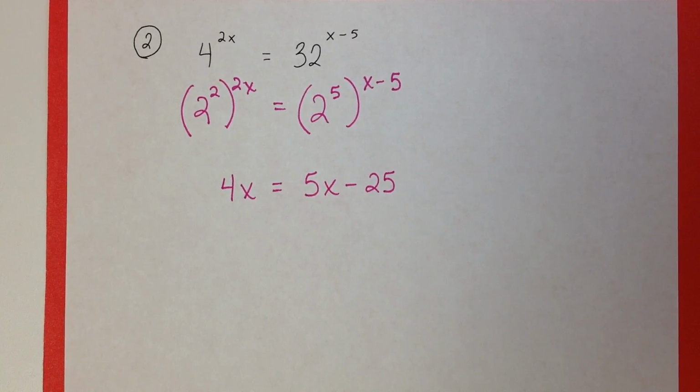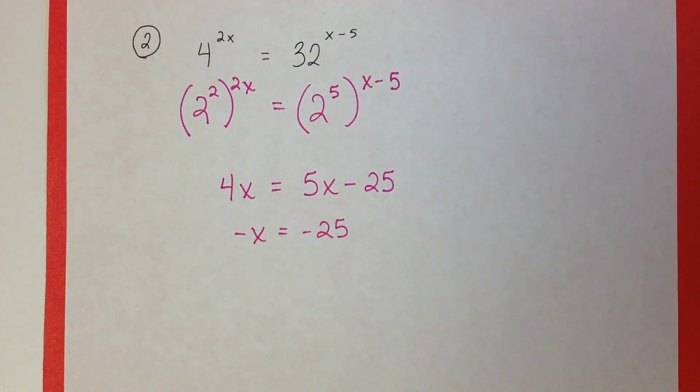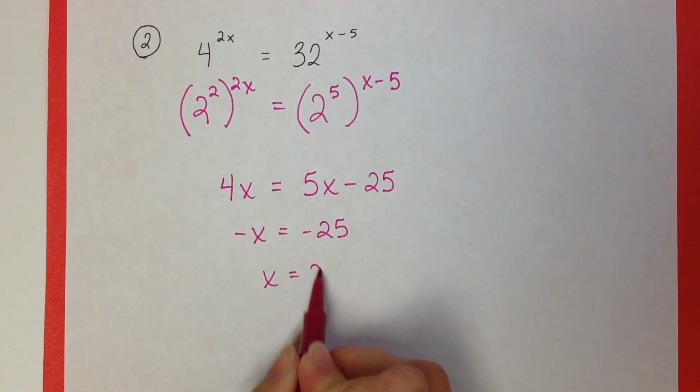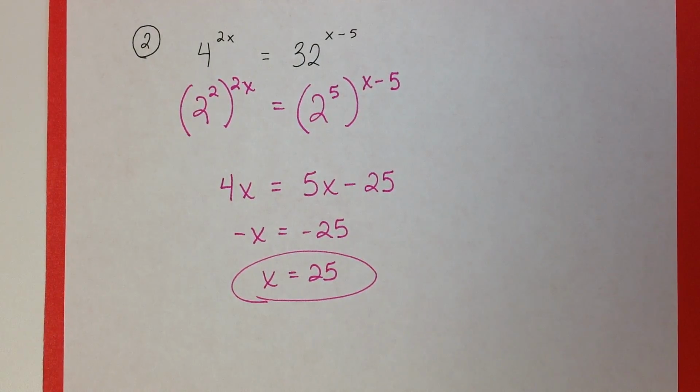Now solve for x, so I'm going to subtract 5x from each side, and then divide by -1. So my answer is 25. Okay, next one.